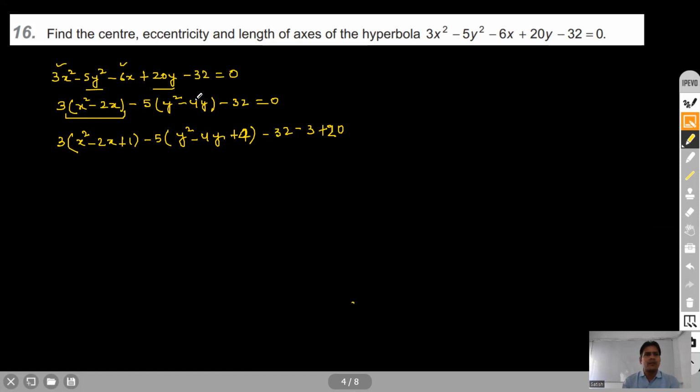Y square, let me see it. Minus 5 into y square minus 4y plus 2 only, no? So 2 into 2. Here we will get plus 2 only, not 4. So y square minus 4y plus what? 4 plus 2 or plus 4.